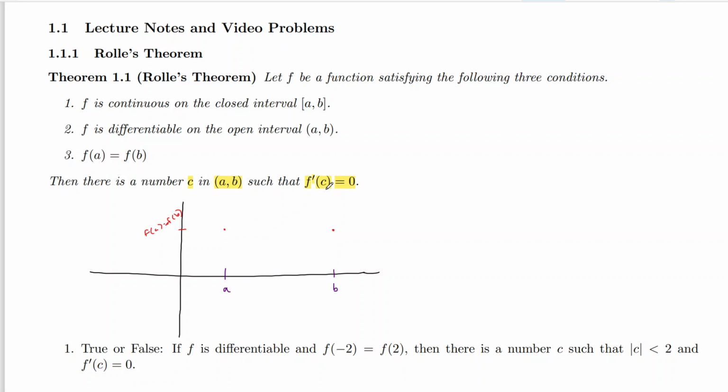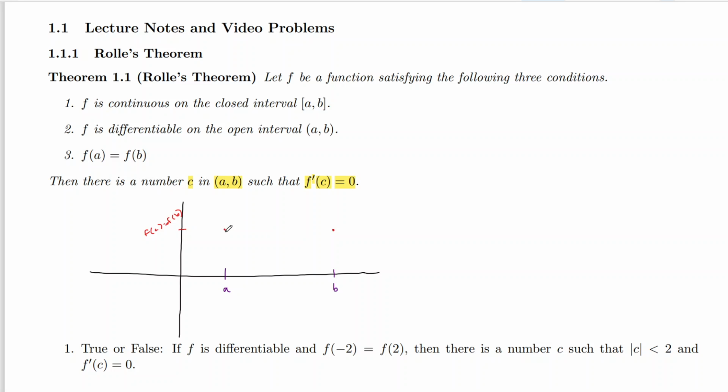But just to sort of explain how this is done, if you were to prove it, the main idea is that you have these y values and our function's continuous, meaning as I draw this from going left to right, I can make it look however I want. I just need to make sure I don't pick up my pencil or whatever I'm writing with to graph it. But also it must be differentiable, which means there's not going to be any sharp points like an absolute value.